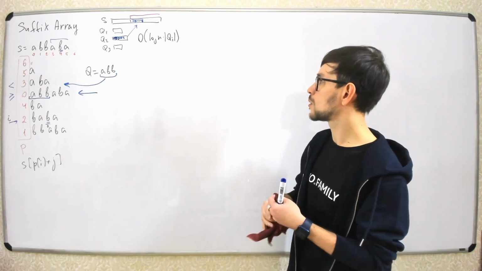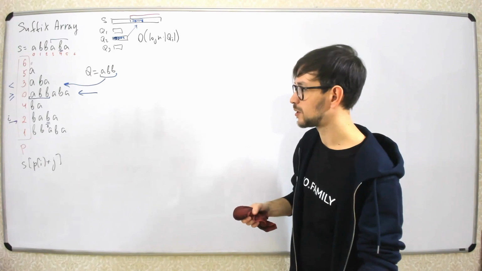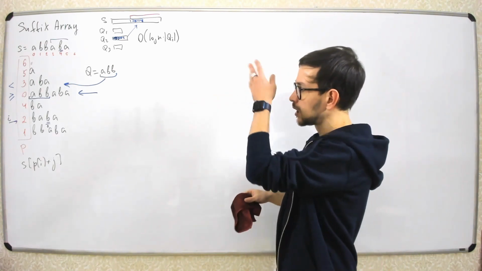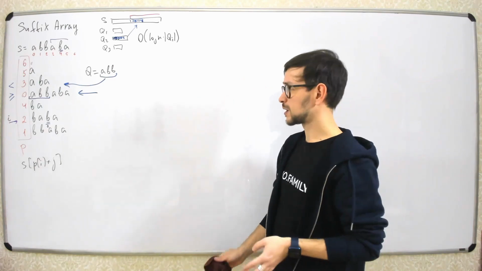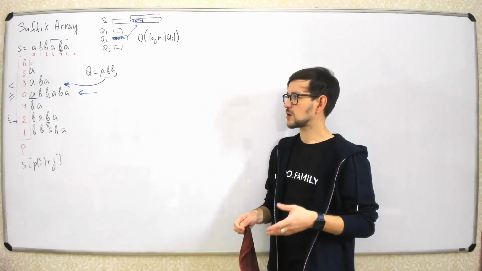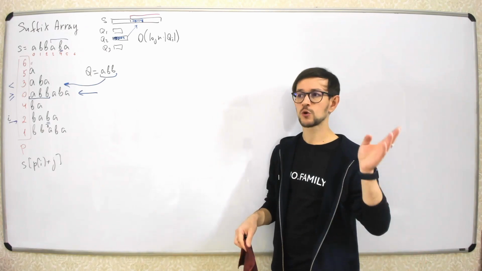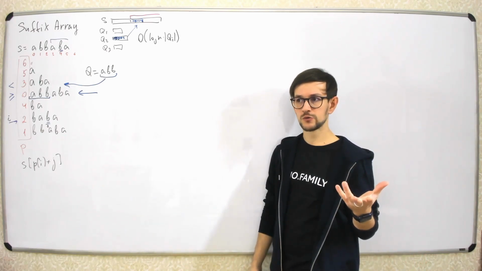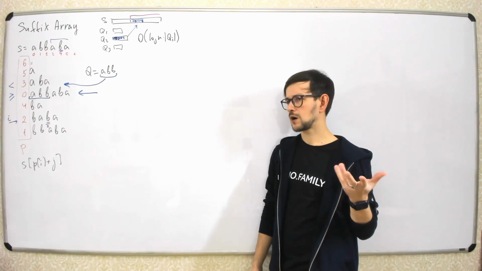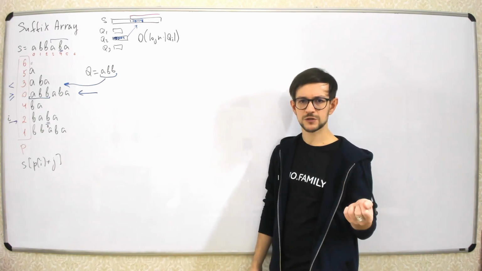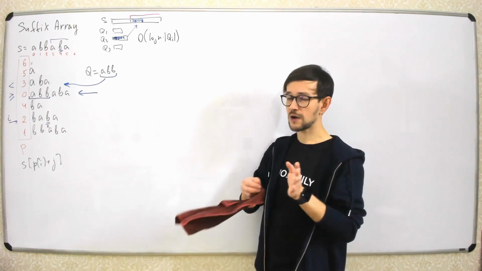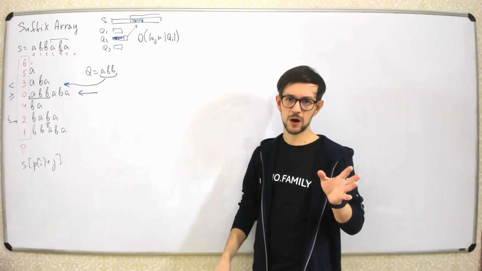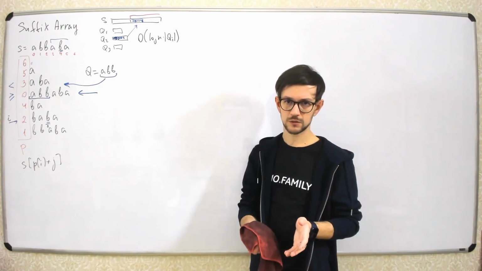Nice. So that's one of the most common problems which can be solved using suffix arrays. There are other problems about suffix arrays and other suffix structures. We will talk about suffix trees next week. All the suffix structures are used when you need to calculate something about substrings of the given text. So you have a text, and you want to analyze something about all the substrings of the given text.